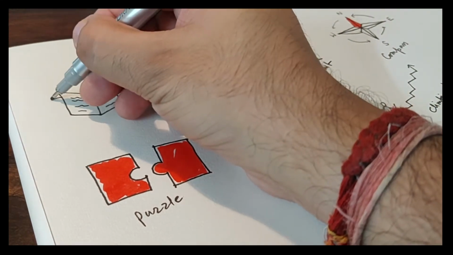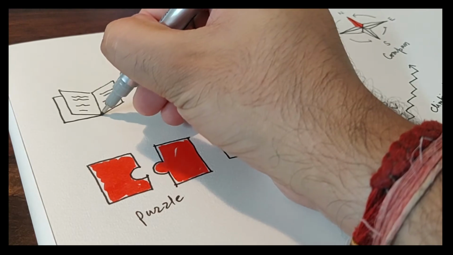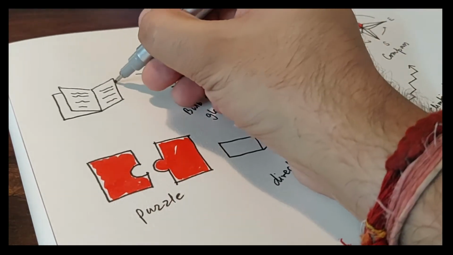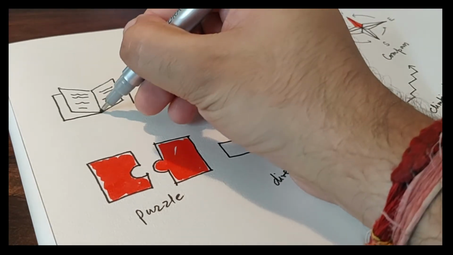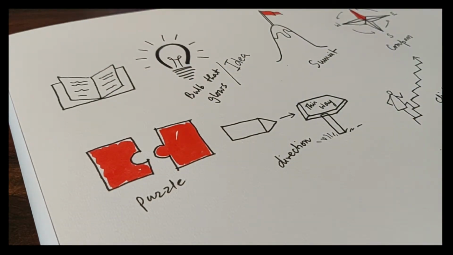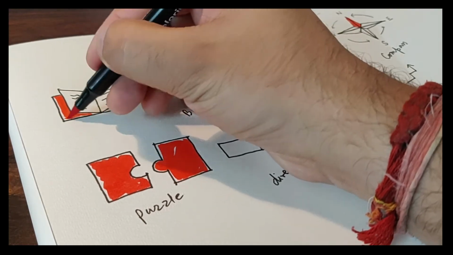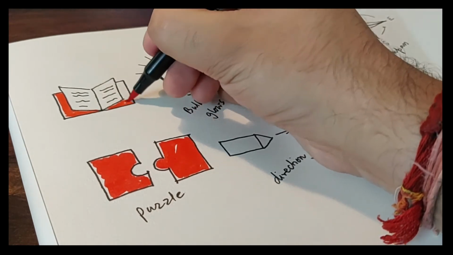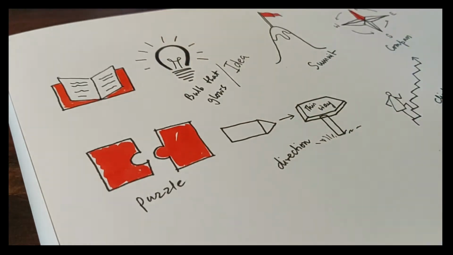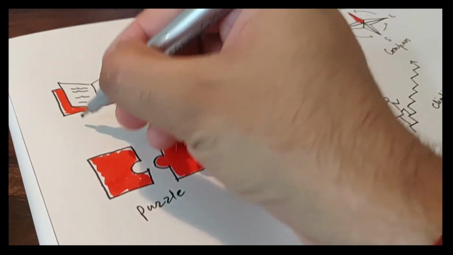We create some straight lines over here and meet it at the point. Your book is done. We can always color this book with some colors. So this is your open book.